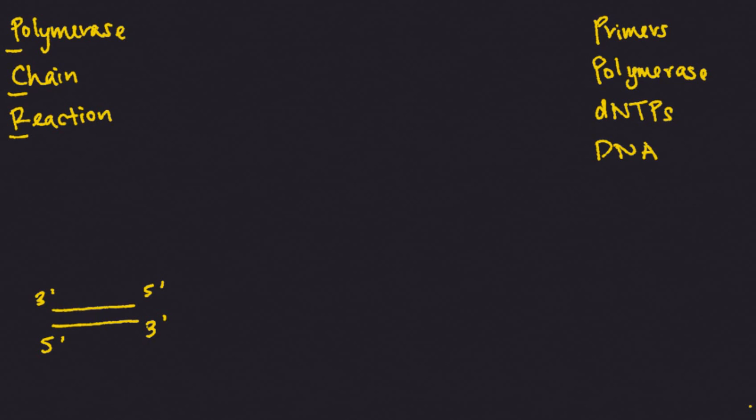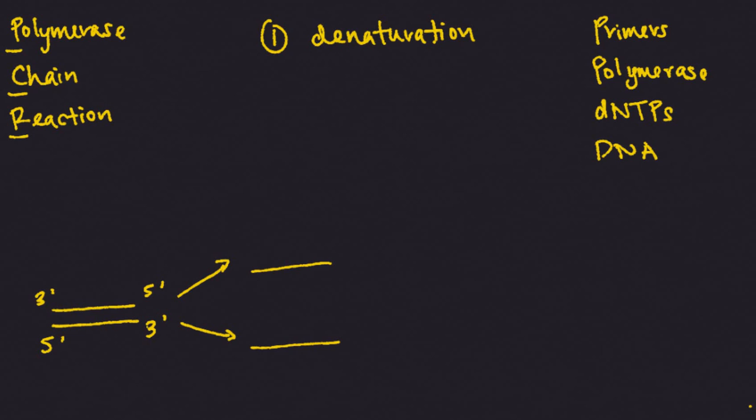So, in the first step of PCR, which is a process called denaturation, what essentially happens is this DNA sequence is denatured or split up from a double-stranded piece of DNA to two single strands. So now that you have a single strand, it allows for the second step. And what the second step is known as is annealing.